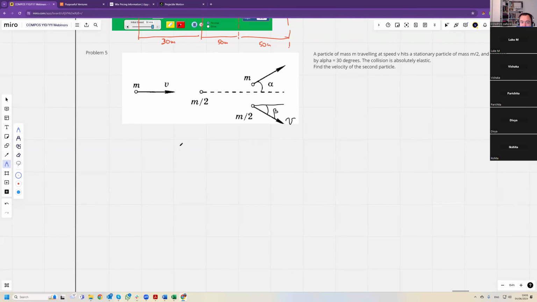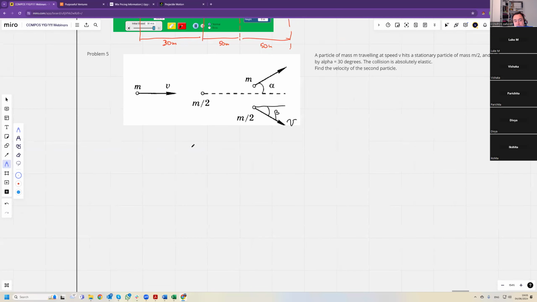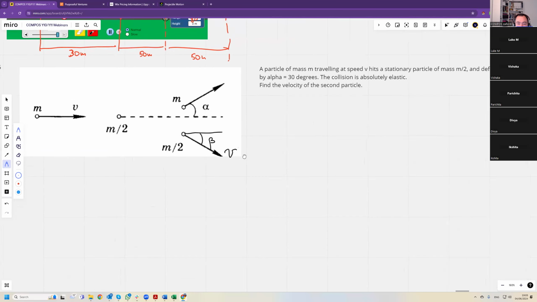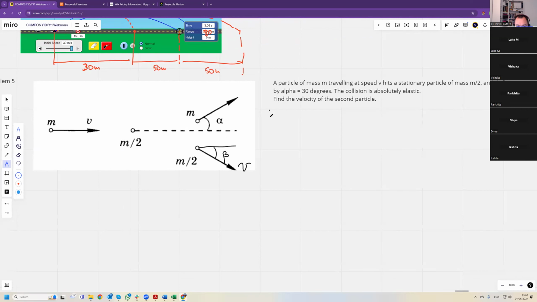Okay. So momentum is conserved in 2 directions. The momentum is conserved horizontally. Where momentum is mv before is equal to, now we break this down into, let's call it v1 and let's call it v2.